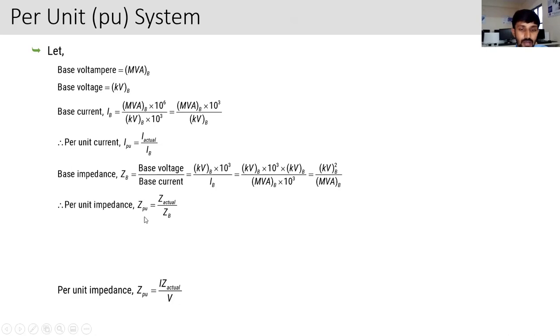So Z per unit is equal to Z actual divided by Z base. We find Z base from here. And Z per unit is also equal to IZ divided by V, so IB is equal to 1 by V.